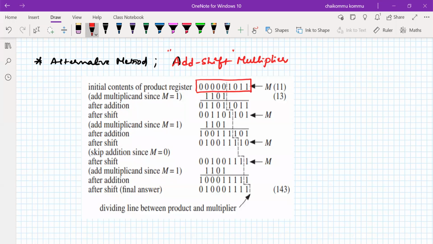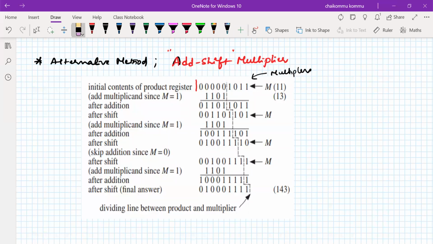We have to load the multiplier information at this point. It is a multiplier, so the last 4 LSB positions are filled with the multiplier. Clear? That's what I have done.